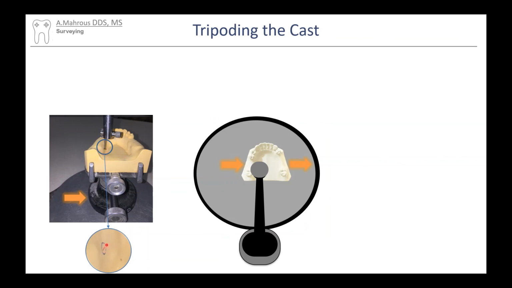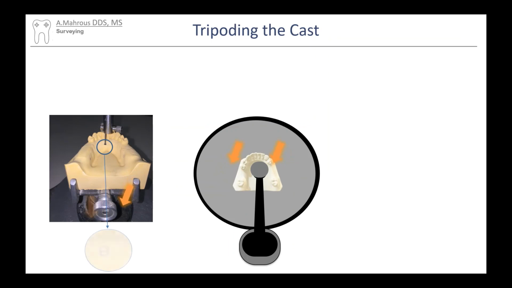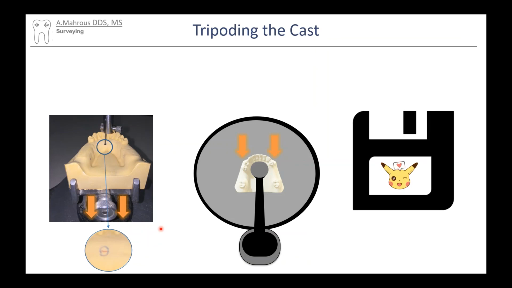You're going to draw a little red line and a blue circle around that location. Some people also scribe a little indent in the cast. Then you're going to move it to the other direction and repeat the process forward. Now we've got 3 different locations which you can come back to again and effectively save your position.